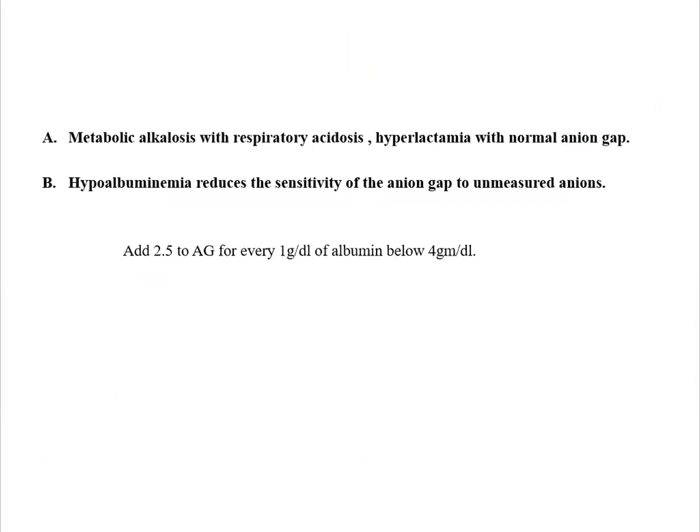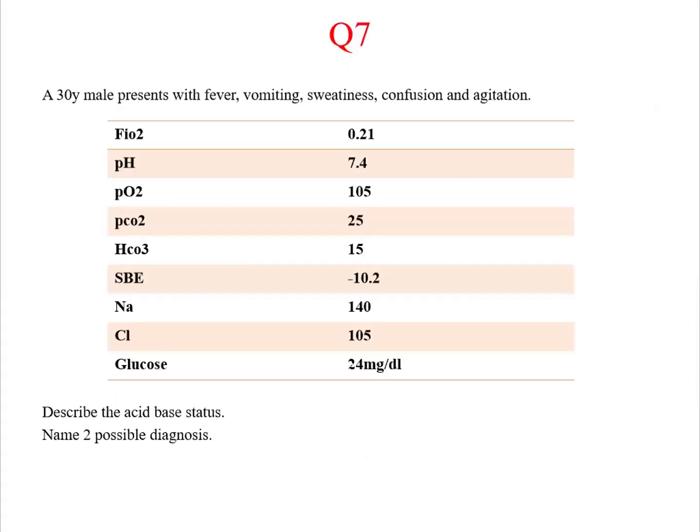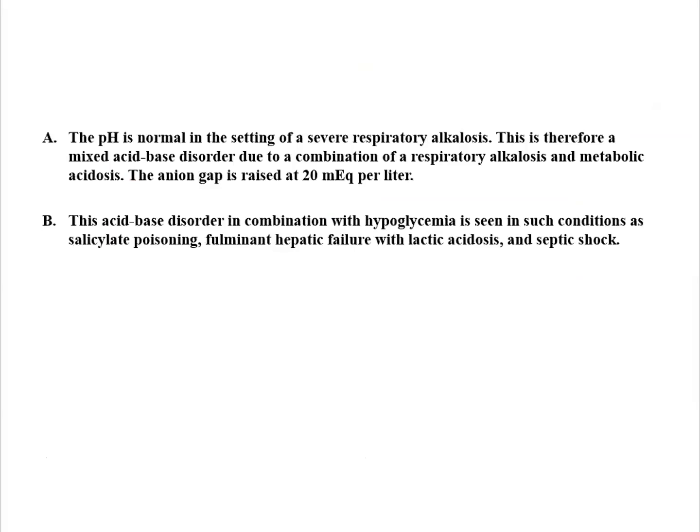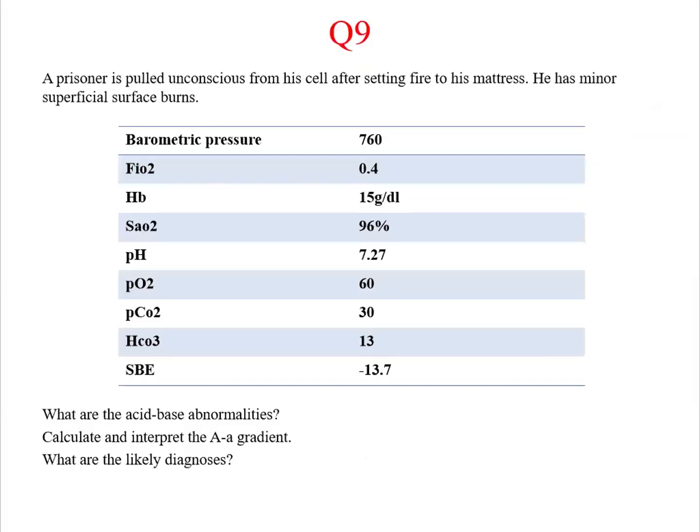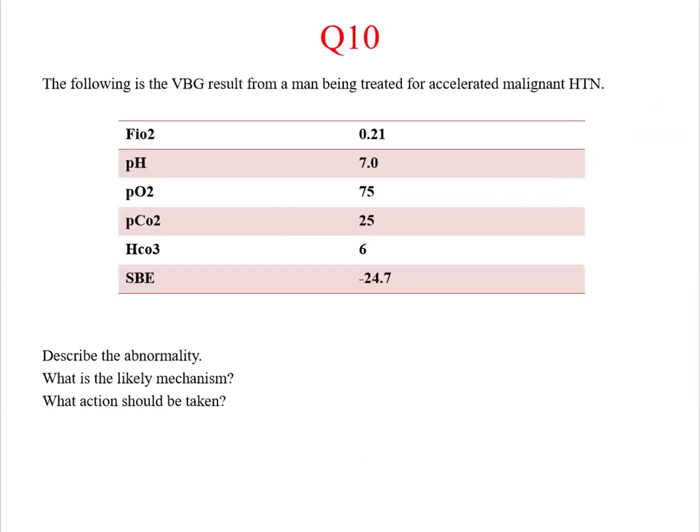So this question was put for the same reason. And I will just see whether this would be a better one or whether I want to give a better one for you. Okay, I will give this one. This is the last question. This is the VBG result from a man being treated for accelerated malignant hypertension.